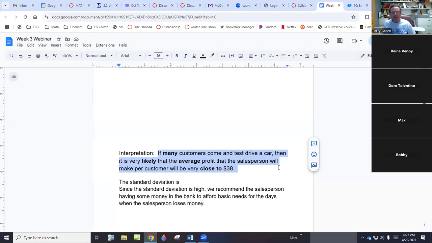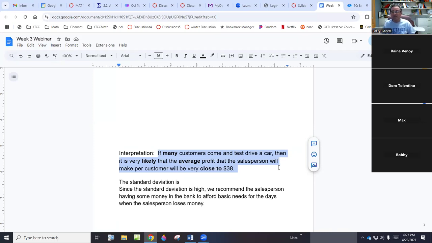I want to make a note because some of you had trouble with the exam. If the question was asking about test driving a car, you need to be writing about test driving a car, not just the template. Make sure you're referring to test driving a car and not just writing the template.